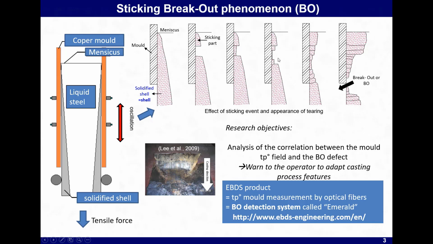That's how you propagate your crack, and if you propagate it until the exit, then all the liquid steel goes out, and that is what is called the sticking breakout phenomenon.